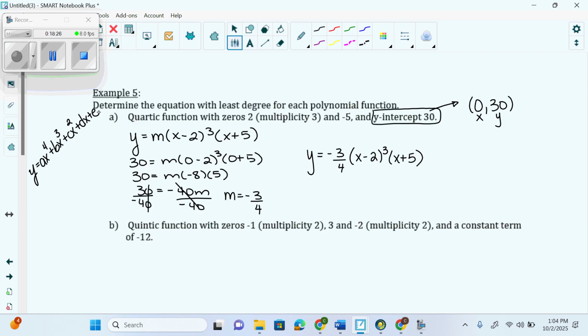Now, if they want it in that whole form, I would have to go negative 3 over 4, (x minus 2), (x minus 2), (x minus 2), (x plus 5). I would have to FOIL, distribute those, and then distribute in the negative 3/4 and collect like terms. More often than not, though, they'll ask for it in that form, but they don't want the whole equation.